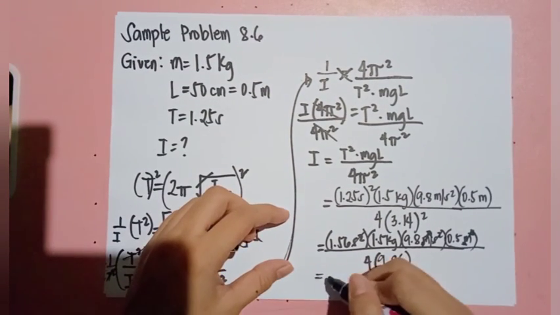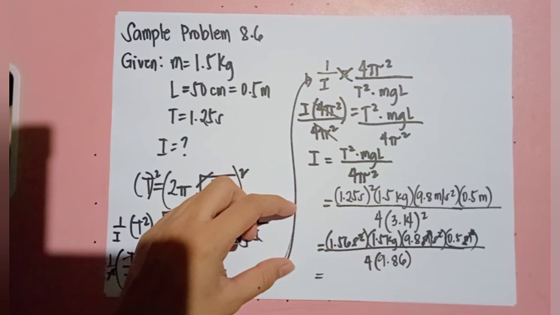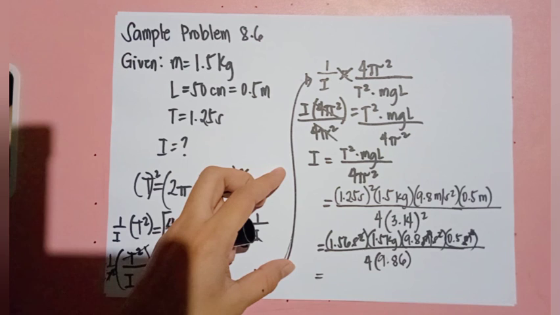So, to simplify, we have 1.56 times 1.5 times 9.8 times 0.5.